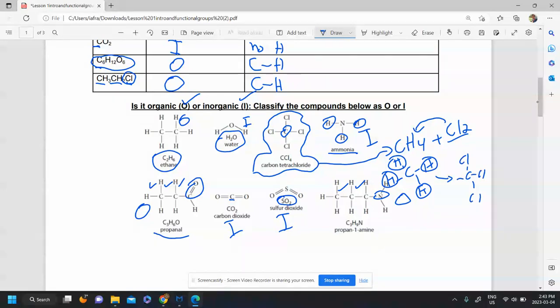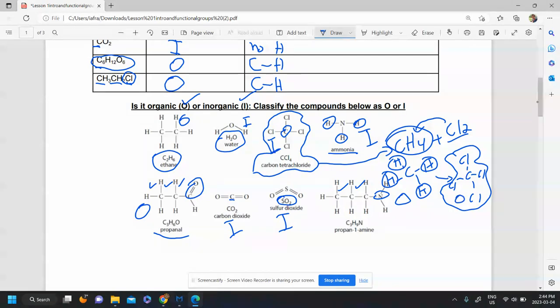So when you first look at the compound, you'd classify it as inorganic because there are no H's there. But in reality, this is a derivative of organic compounds. It was made from an organic compound. So technically, derivatives of organic compounds are still classified as organic.